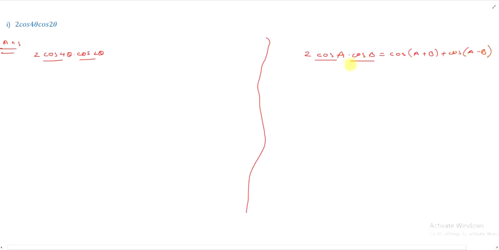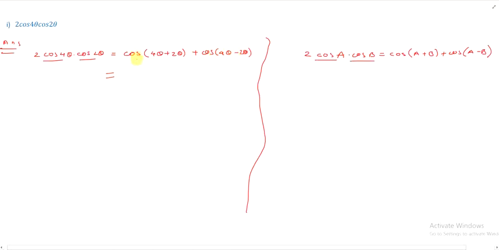Now, what is our A here? Our A is 4 theta. And what is our B here? 2 theta. Therefore, cos (4 theta plus 2 theta) plus cos (4 theta minus 2 theta), isn't it?